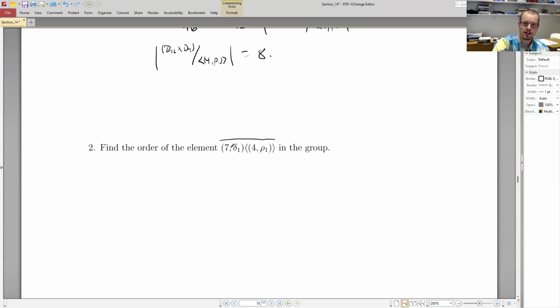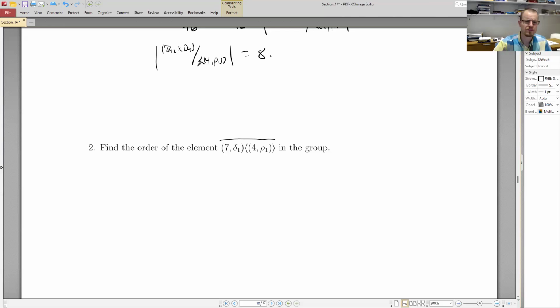So I'm taking Z12 mod what's generated by 4, and then taking D4 mod by row 1, and asking when that gives me an identity element, and then working with the least common multiple for us to cycle through and get to what we're looking for.